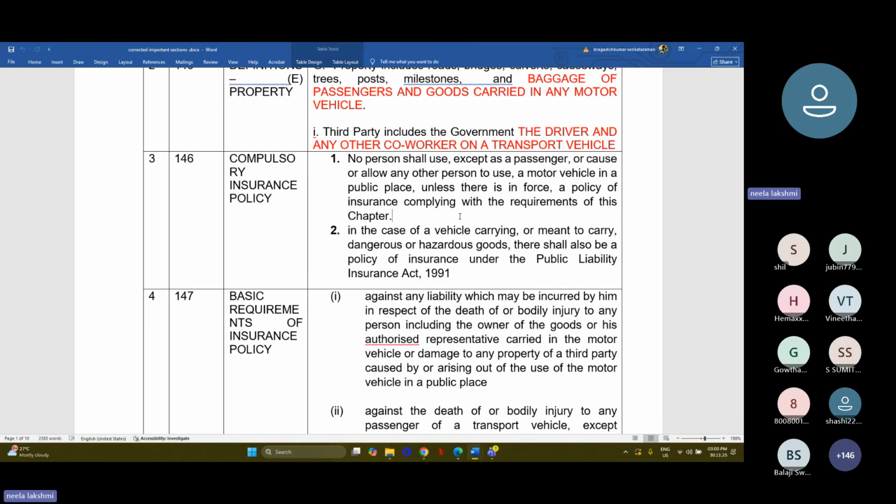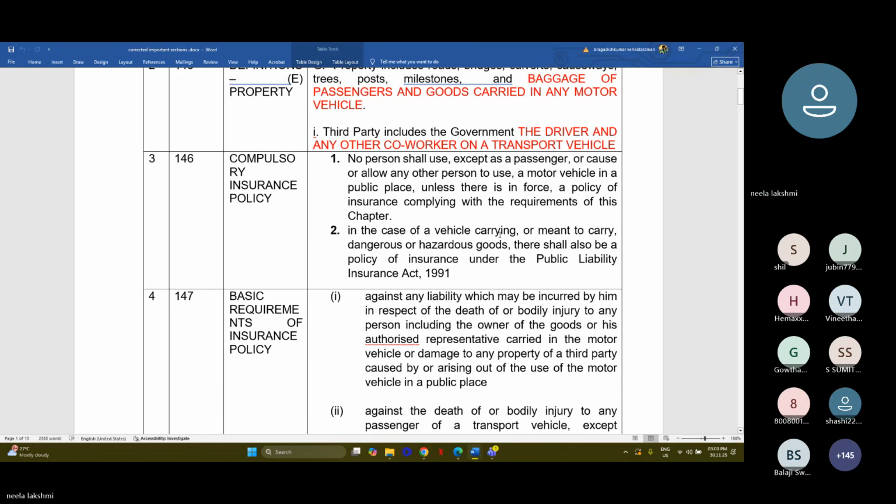It doesn't specify that there should be a package policy. It should take care of the third parties on the road. If any accident happens, it has to take care of the third parties. That is the purpose of this section, and the insurance is made compulsory to protect the interest of the third parties operating on the road.